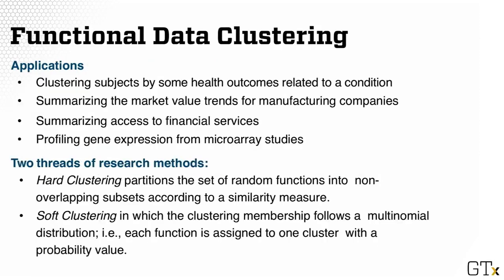Functional data clustering has many applications. Among applications that I explore in my own research using functional clustering are clustering subjects by some health outcomes related to a condition. For example, the treatment care pathway for pediatric asthma for over 500,000 children in the U.S. Another example is summarizing the market value trends for many manufacturing companies to better understand the overall trends in the manufacturing industry.